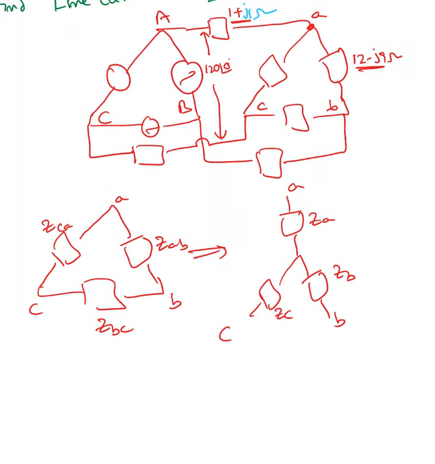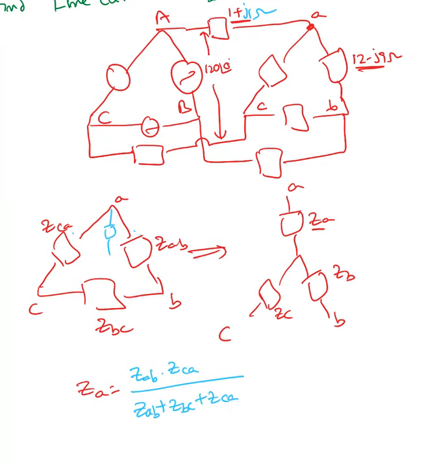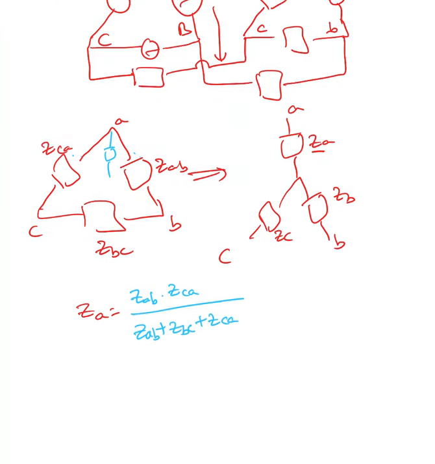Now my goal is finding ZA, which is right here between these two. So multiply these two impedances, ZAB multiplied with ZCA, over the sum of all three, ZAB plus ZBC plus ZCA.